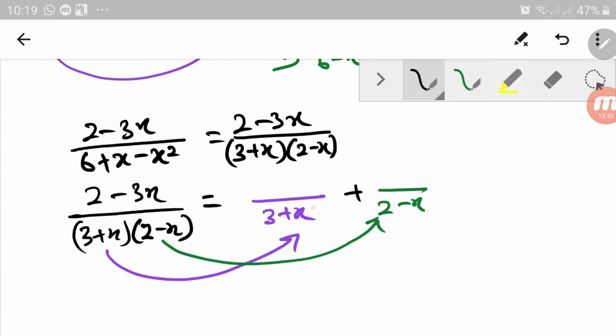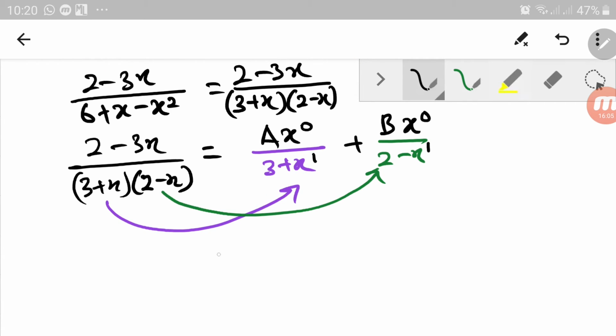Now this one is degree 1, so the numerator must be degree 0, so A. This one is degree 1, the highest possible must be degree 0, so B. So this is the thing that we want.